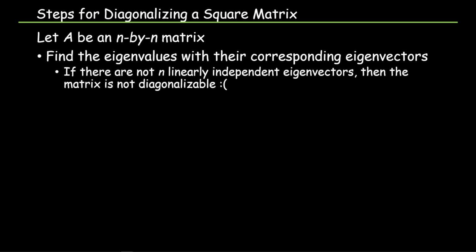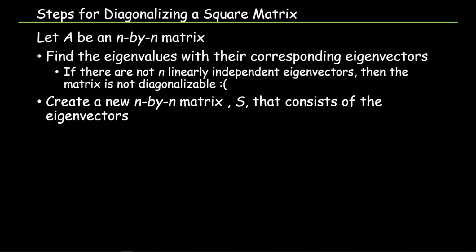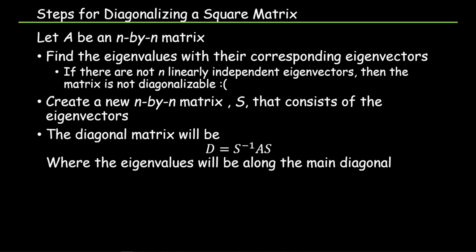The next step is to create a new n by n matrix that we're going to call S, that consists of the eigenvectors. You write the eigenvectors down by columns: the first column will have one eigenvector, the second column will have the other eigenvector, and so forth. When you create that matrix S, you're almost done with diagonalizing the matrix.